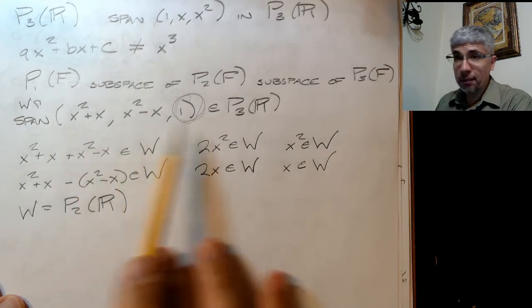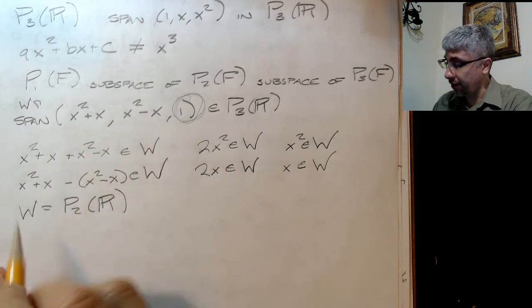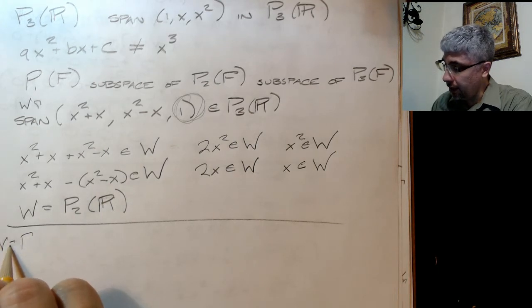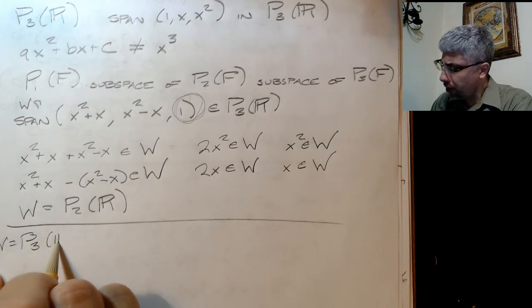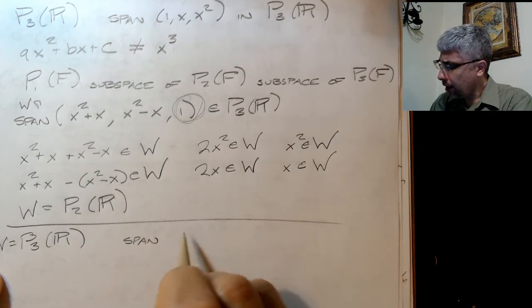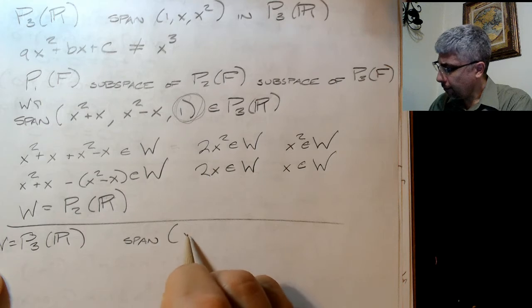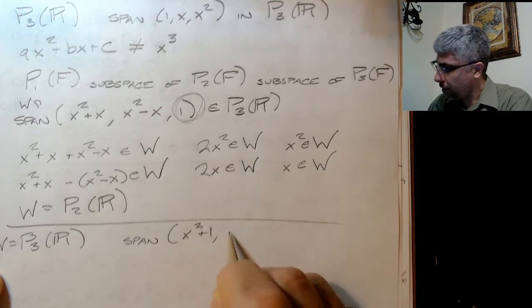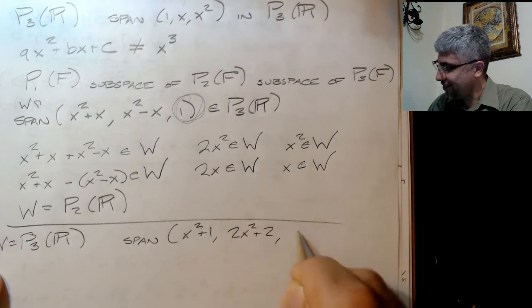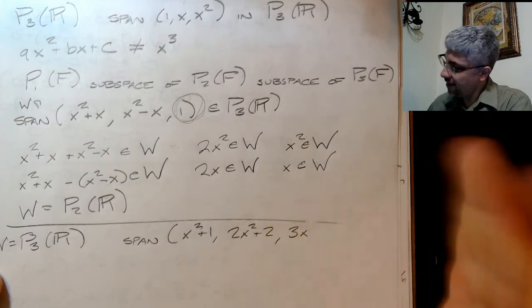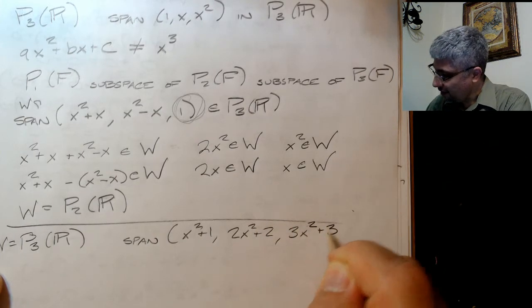Of course, maybe I pick a span that doesn't give me all of that. For example, let V be P3 of R still, and I want to take the span of x squared plus 1, 2x squared plus 2, and 3x squared plus 3.